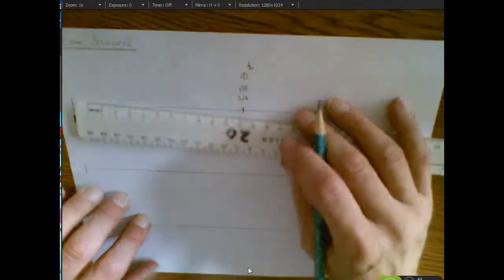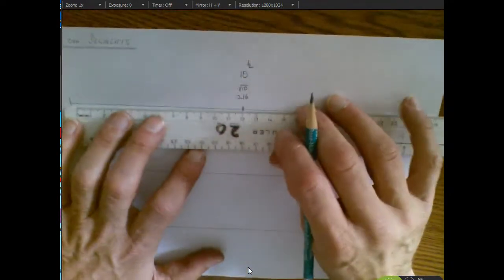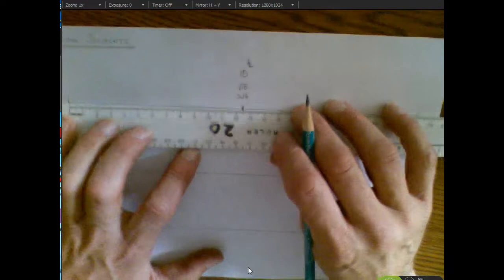Okay, so now, since we know that 12.5 centimeters is the halfway point, what would be the 1/4 point? It would be 12.5 divided by 2, correct? Would that be 6.25 centimeters in? Let's measure 6.25 centimeters in and put a mark there.